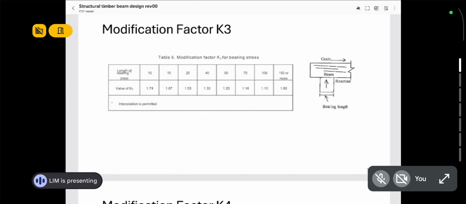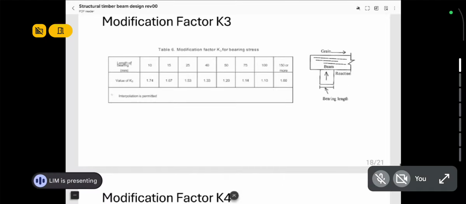If the bearing length is only 10, then K3 is 1.74. As the bearing length increases, the value of K3 decreases, based on this table. During the test and exam, I'm going to tell you the length of bearing, then you just have to choose the appropriate K3 to use. Very simple, you just follow the table.